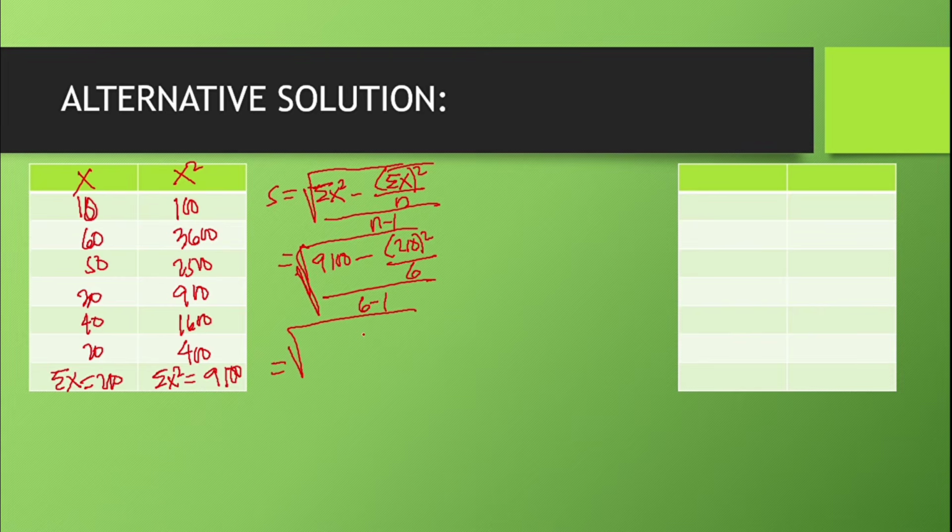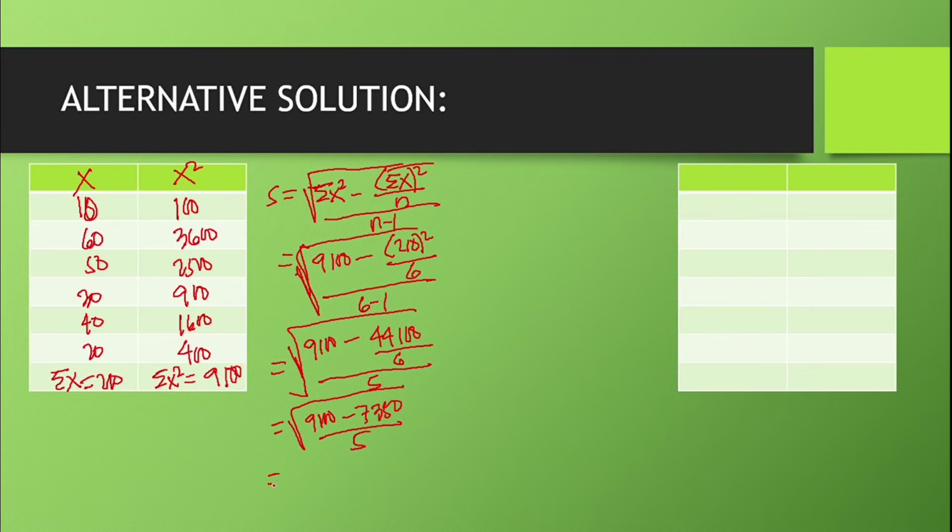The square root of 9,100 minus 44,100 divided by 6, which is 7,350, divided by 5.